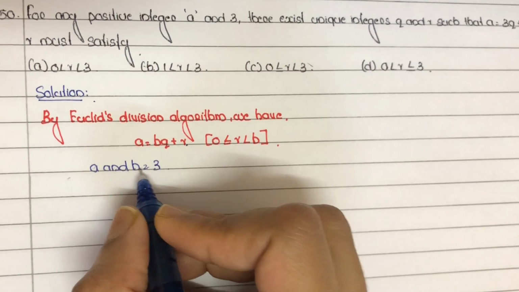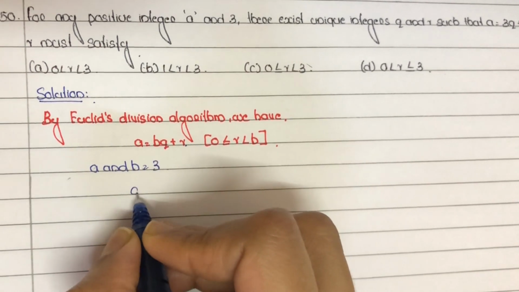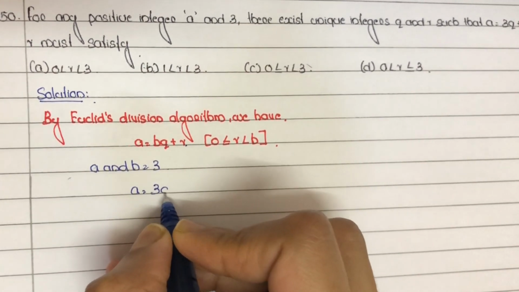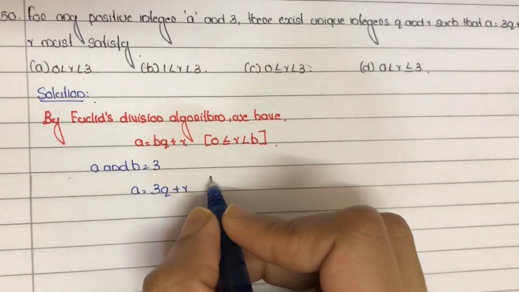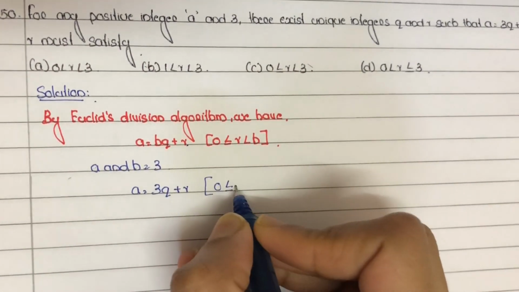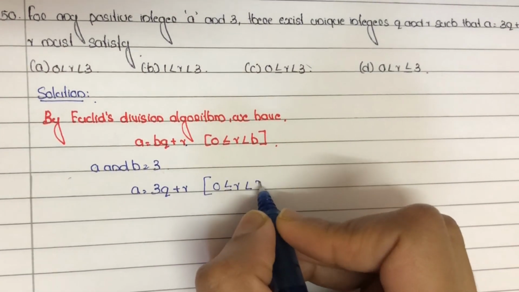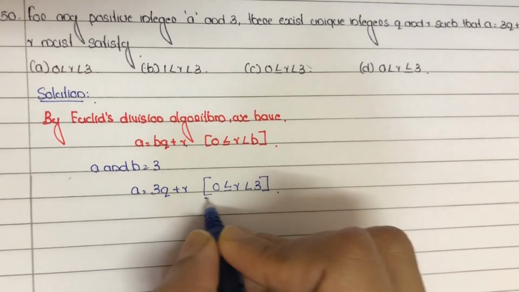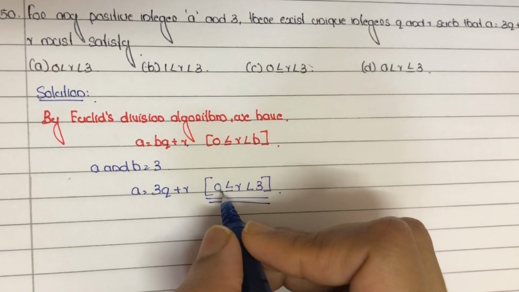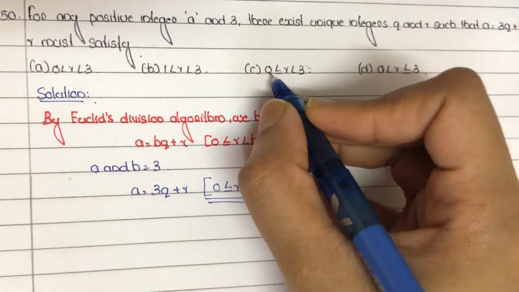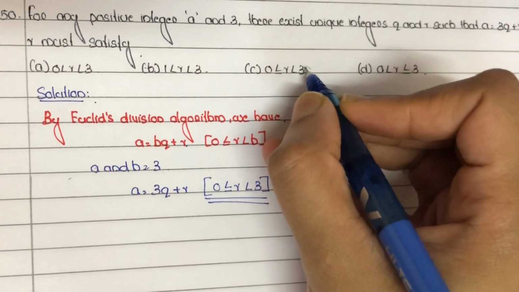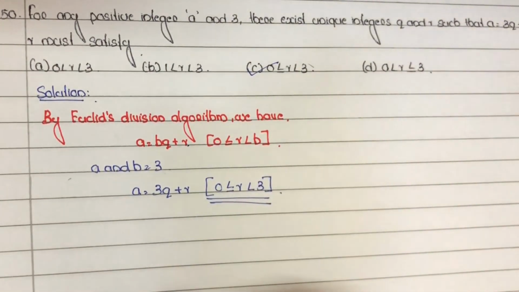Now substitute b equal to 3, that is a equal to 3q plus r, 0 less than or equal to r less than b, b is 3. So this is our condition, that is 0 less than or equal to r less than 3. Option C is the correct answer.